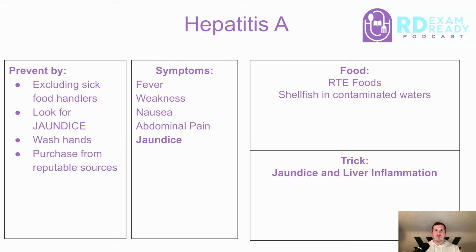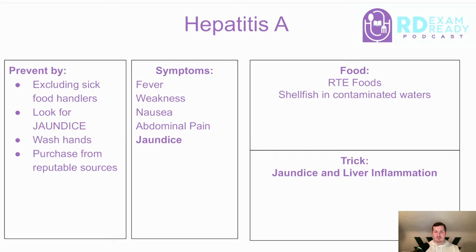You want to look for jaundice, right? Jaundice is that yellowing effect that occurs in someone that has liver disease or hepatitis specifically in this case. So you want to look for a jaundiced employee and immediately get them out of the facility, or at least away from food and off the line, because they're going to get someone else sick for sure.